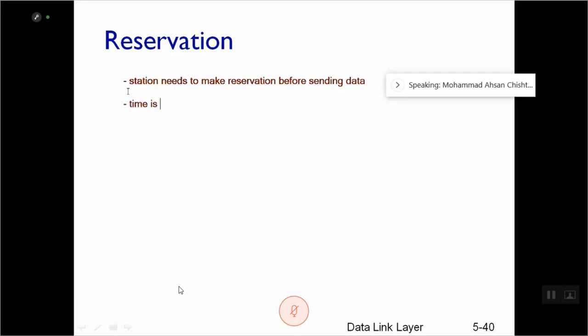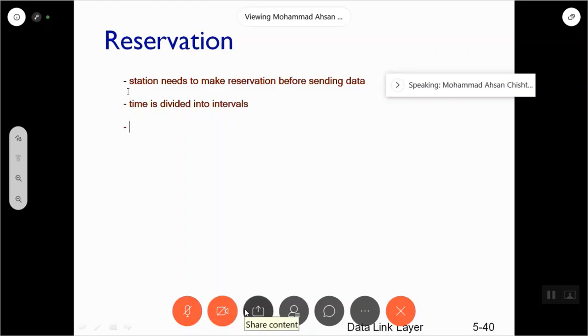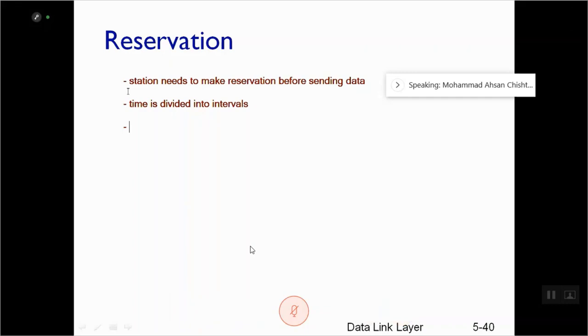Next, time is divided into intervals, and in each interval, a reservation frame is first sent, preceding the data frame that is sent in that interval.